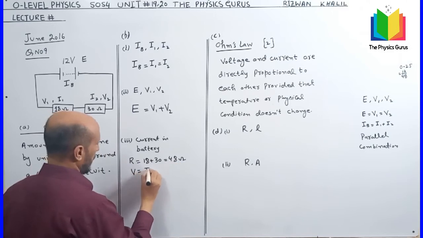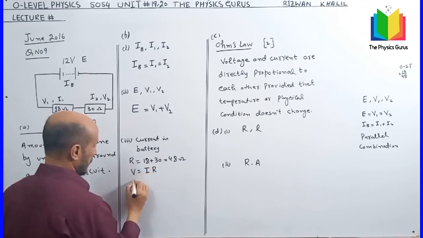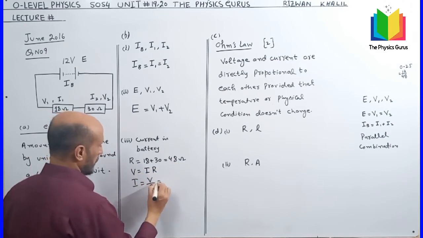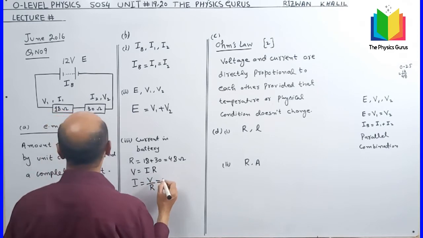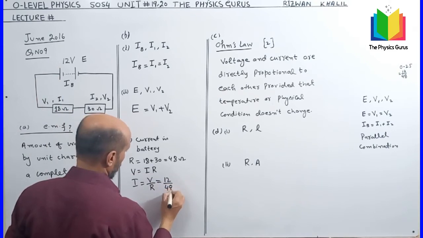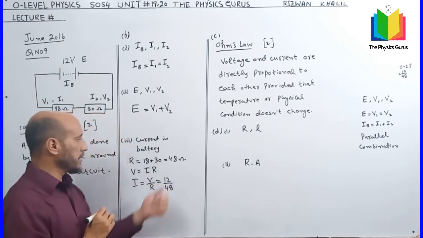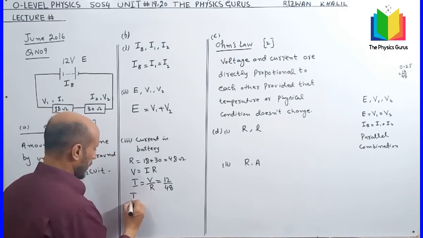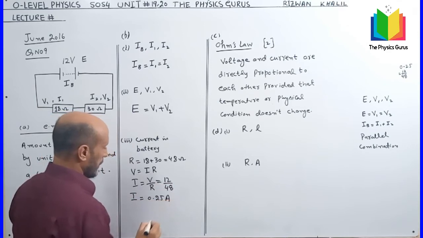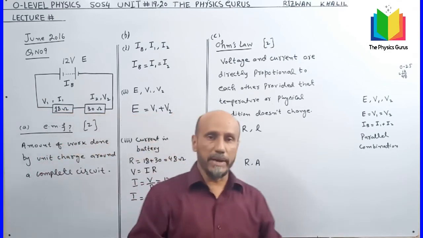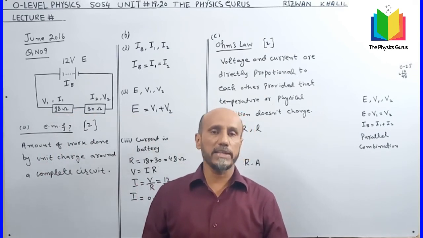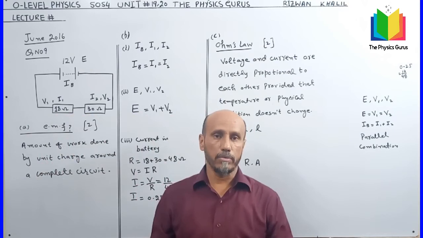V is equal to IR, and I is equal to V over R. The EMF or voltage was 12 volts. Total resistance is 48 ohm. So the current is equal to 0.25 ampere. This is the current of the battery, and the same current will pass through the resistor of 18 ohm as well as the resistor of 30 ohm.